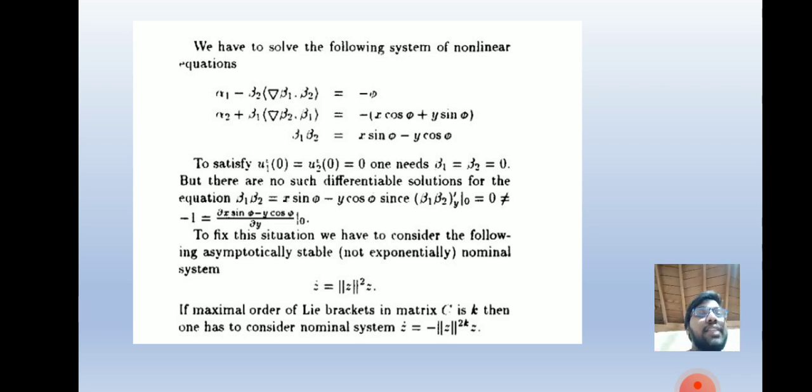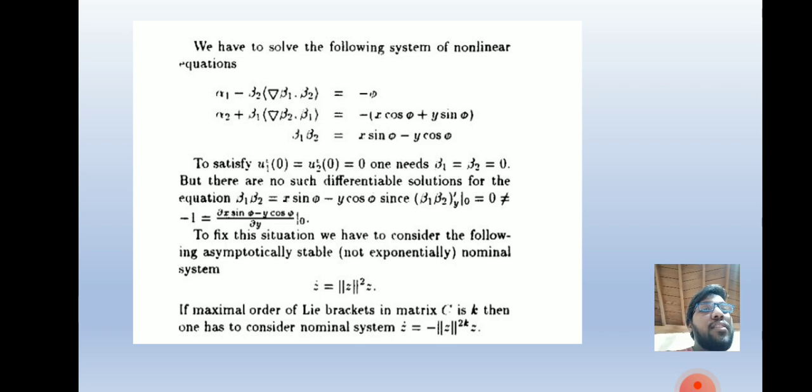To satisfy u1 of 0 and u2 of 0 equal to 0, one needs beta 1 and beta 2 to be 0. But there are no such differentiable solutions for beta 1 and beta 2.